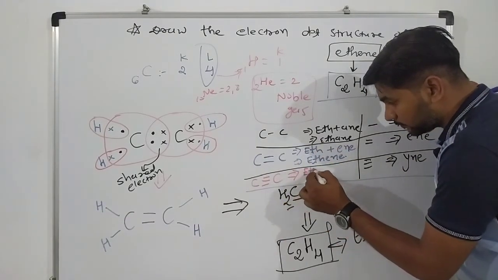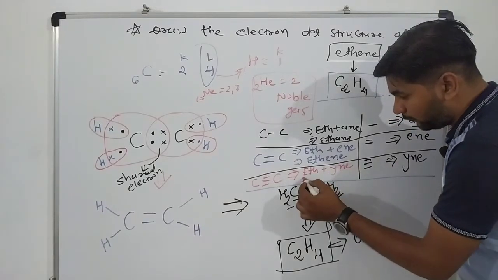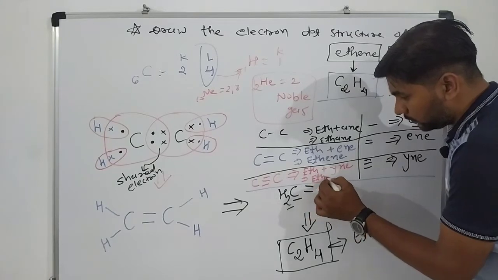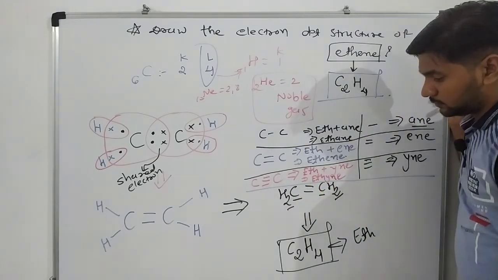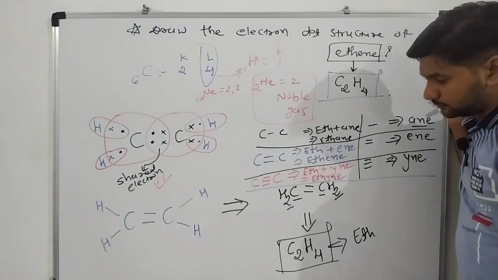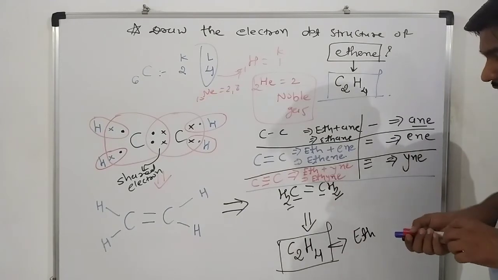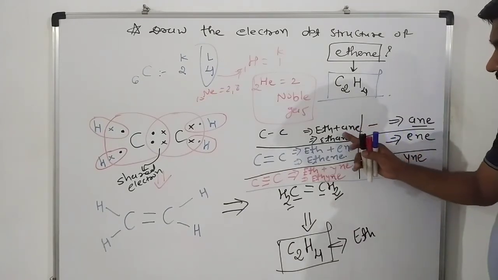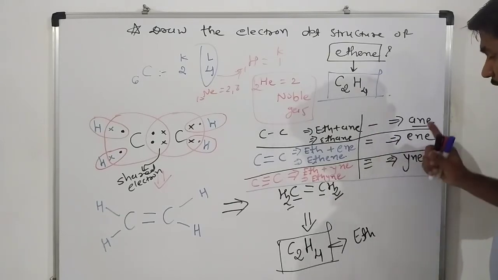Eth plus ine and it forms ethyne. Okay, clear? Ethane, ethene, ethyne: single bond, double bond, triple bond.